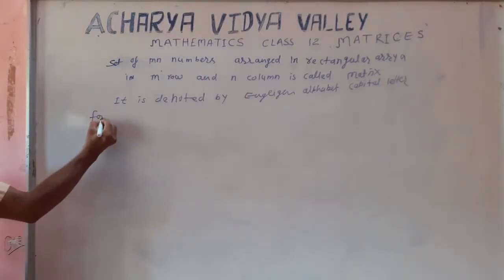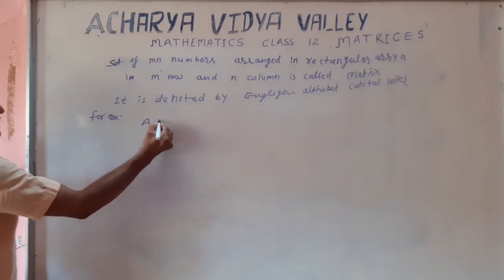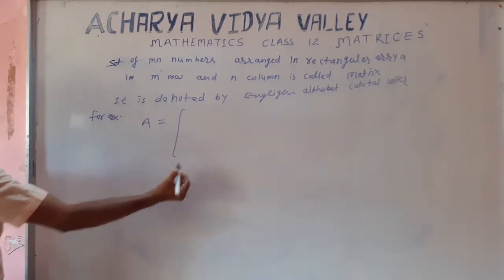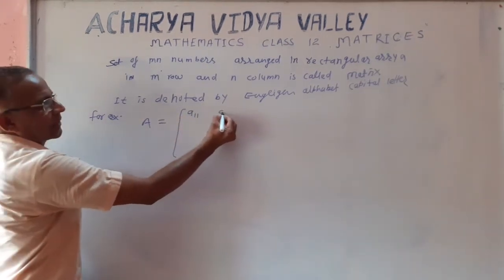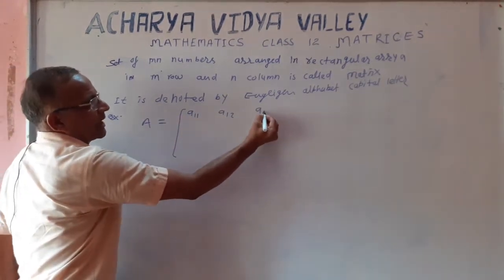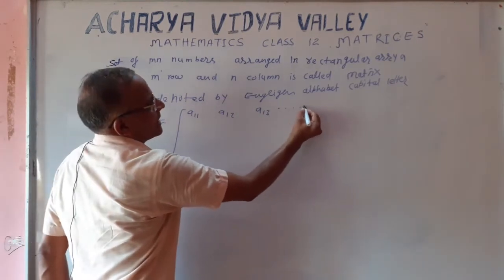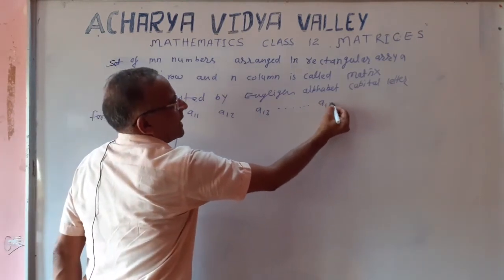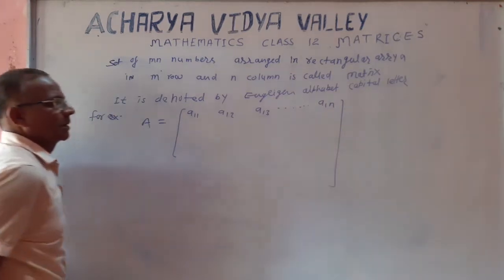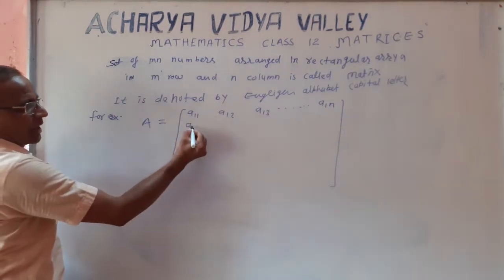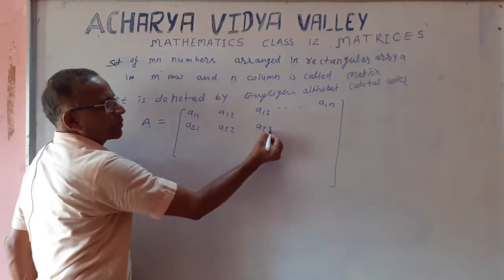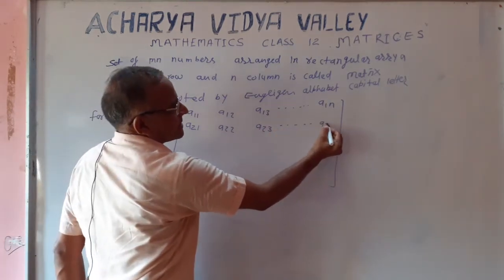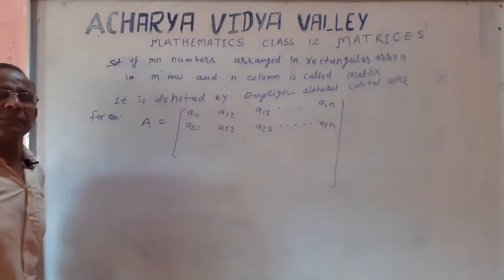For example, matrix A equal to: first row A11, A12, A13 dash dash dash A1n. Second row A21, A22, A23 dash dash A2n.